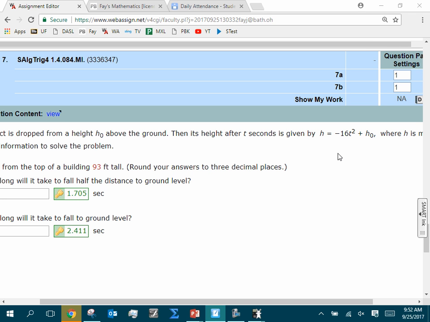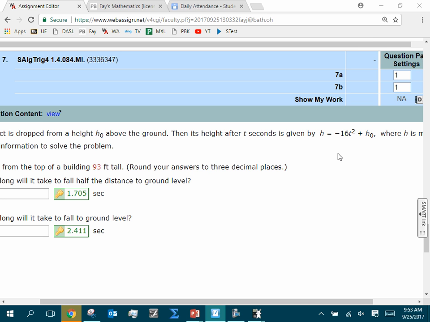Remember, the formula we talked about so far in class was negative 16t squared plus v sub naught t, the initial velocity. If I'm here and just drop it, there's no initial velocity, so that's why there's no v sub naught there. It's just that initial height.